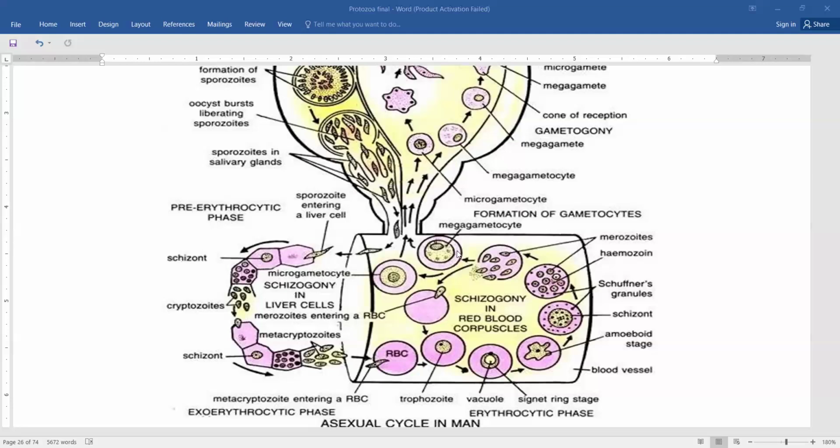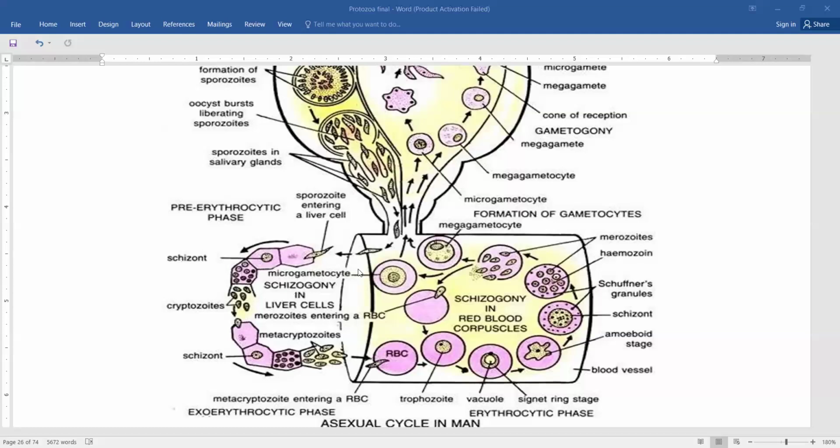There are two kinds of gametocytes which ultimately produce the gametes. One is the microgametocyte, which is smaller in size when compared with the megagametocyte. So these two cannot withstand the conditions of the human internal environment.